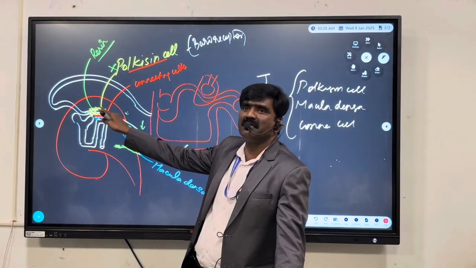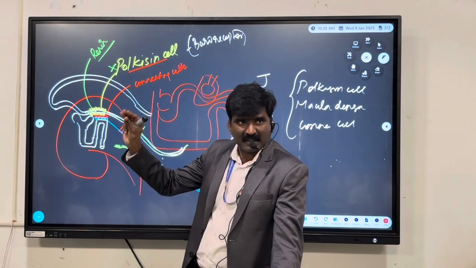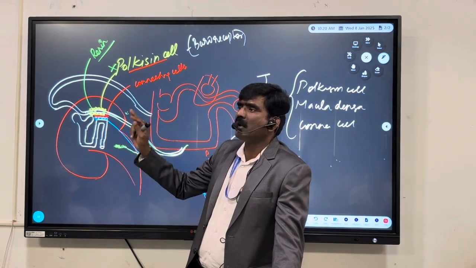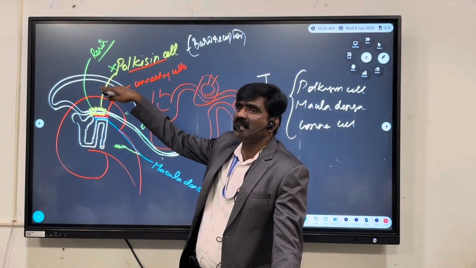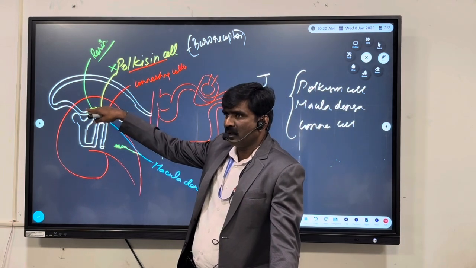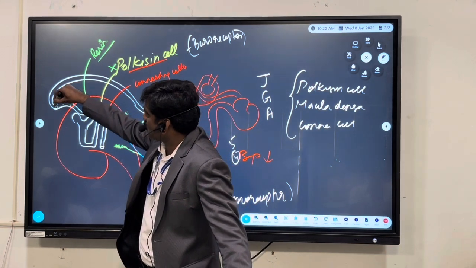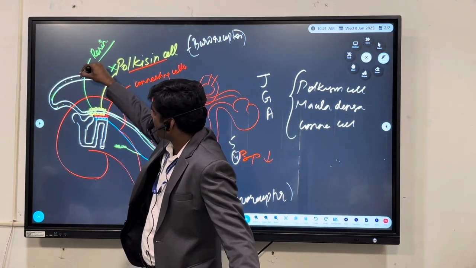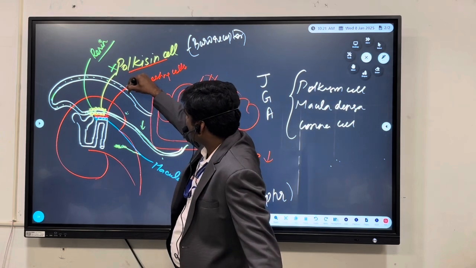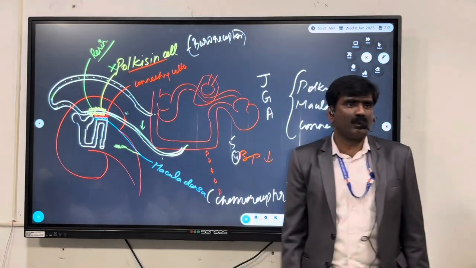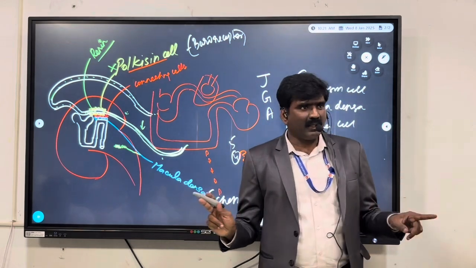The Pulkison cell will now stretch less. When it is stretched less, then the Pulkison cell will release renin into the circulation. Renin now will come through the renal vein, right? And it will enter into the larger veins, right?